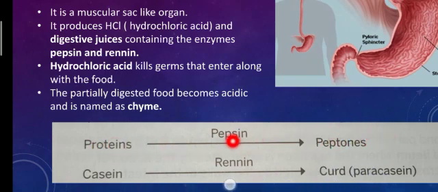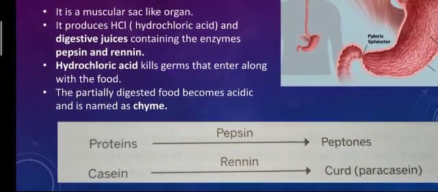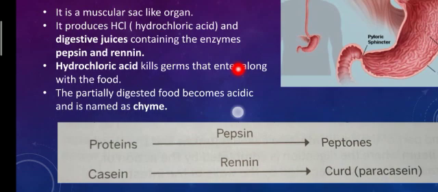Casein is acted upon by renin to convert it into curd. So this is the breakdown of protein and casein to form peptones and curd. Who is acting upon these protein and casein? That is pepsin and renin. So this is the function of the stomach and the activities that take place in the stomach.